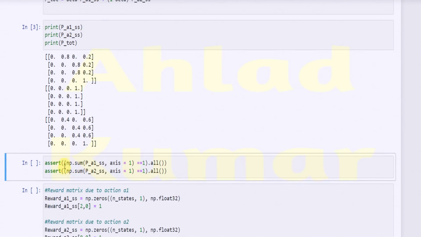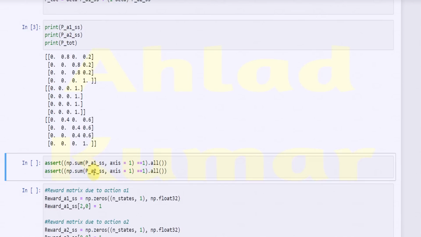Now this is just to confirm that the state transition matrices under action A1 and A2 follow the basic probability rule. We are summing up the columns to ensure that all the columns of a particular row sum to 1. This evaluates that, and if it is not true, it will throw an error.